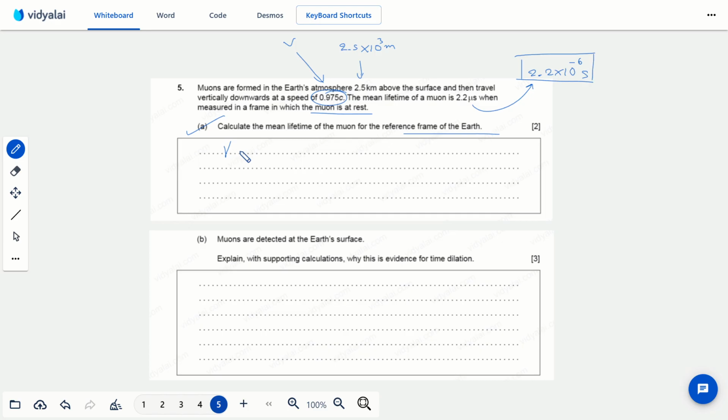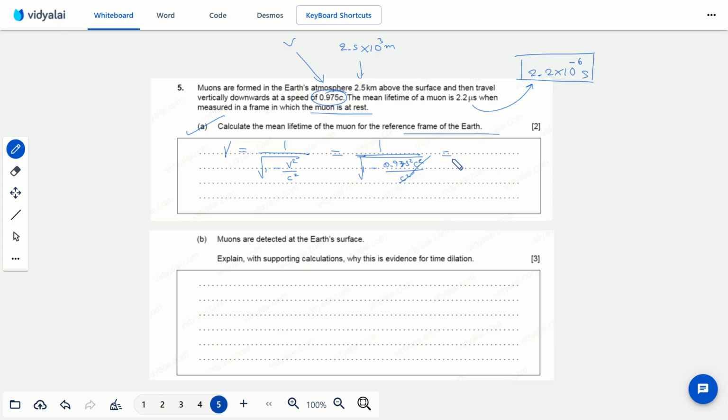So I'm going to make use of that information to calculate this gamma factor, which is 1 over the square root of 1 minus v squared by c squared. Substituting for v, we get 0.975 squared times c squared divided by c squared.